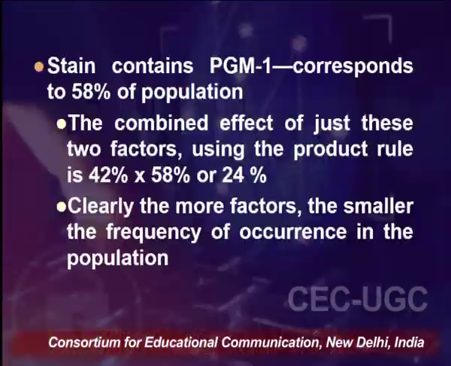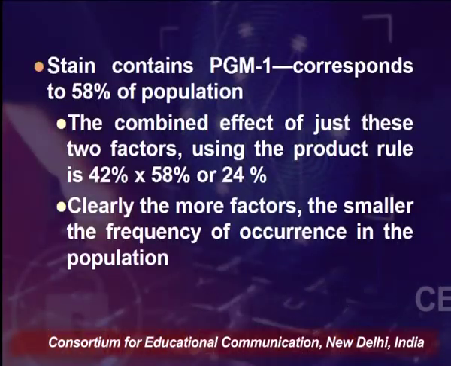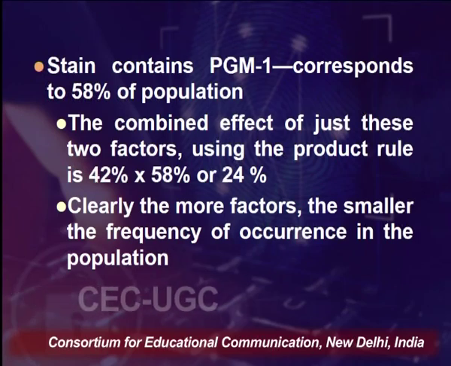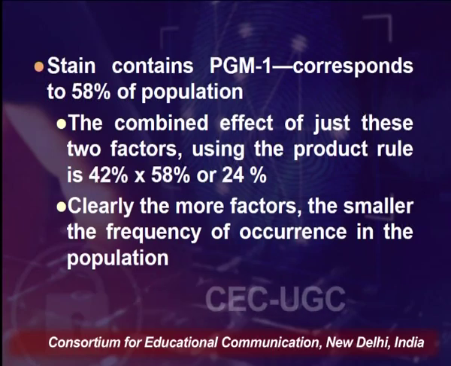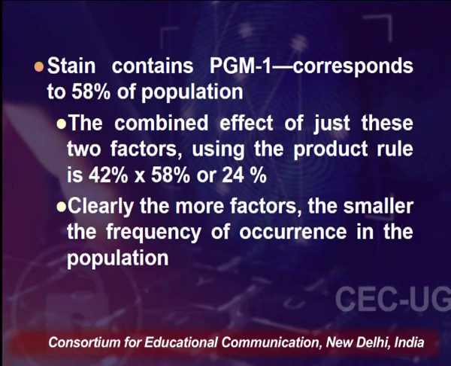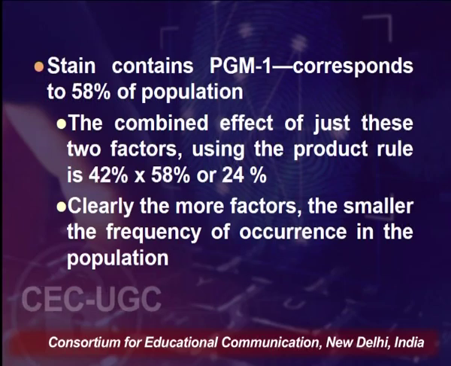Then the next thing is we go for an enzyme stain, for example PGM1, which is present in around 58% of the population. So, the combined effect of just these two factors using the product rule is 42% times 58%, or 24%.